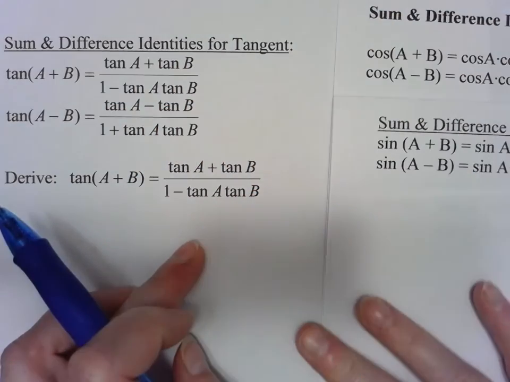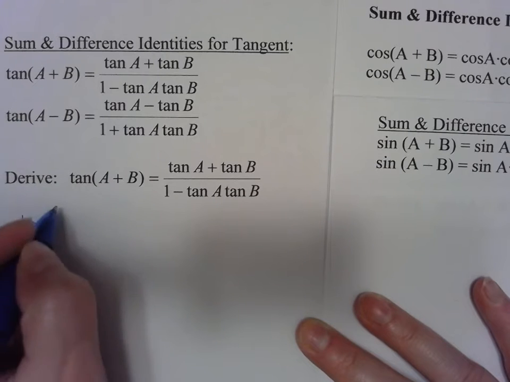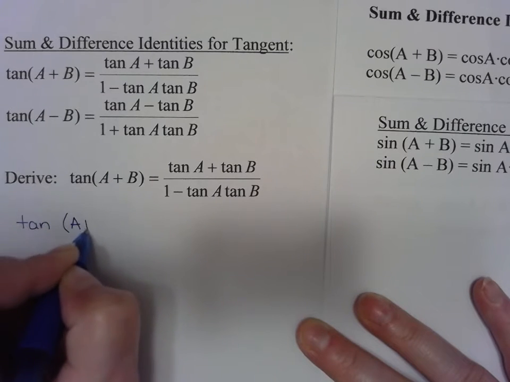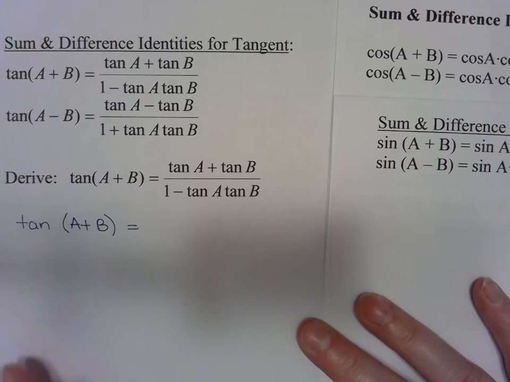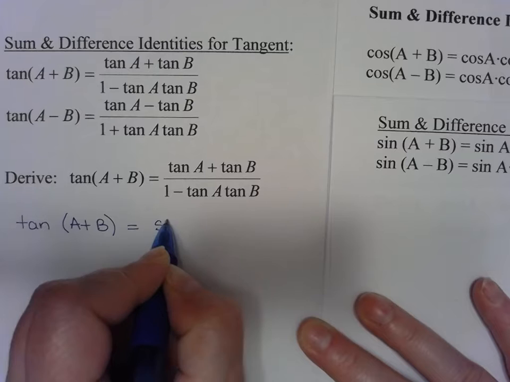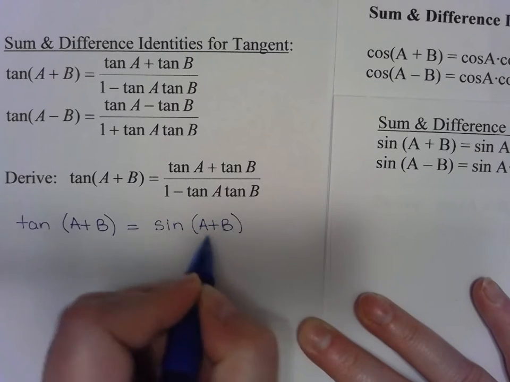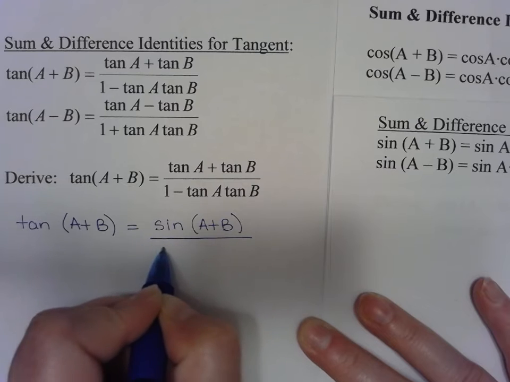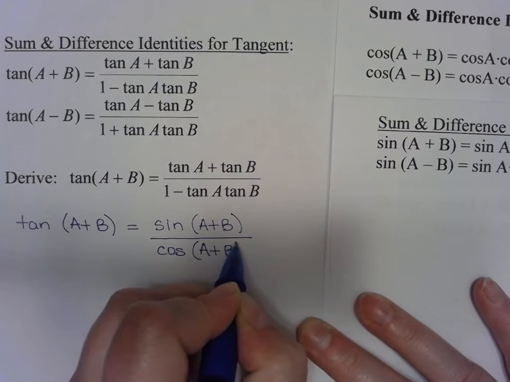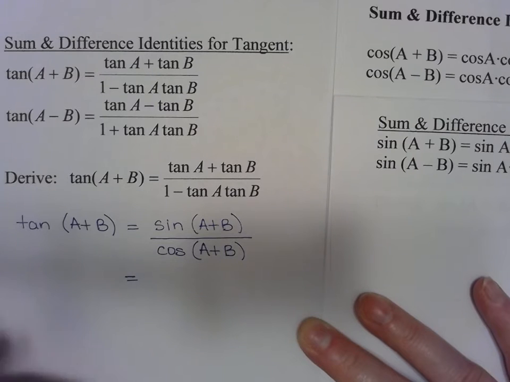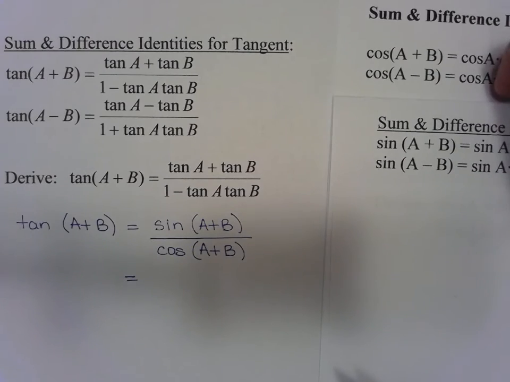All right. So we are going to start with the tangent of A plus B is equal to the sine of A plus B over the cosine. Okay, so now we'll pull these in one at a time.